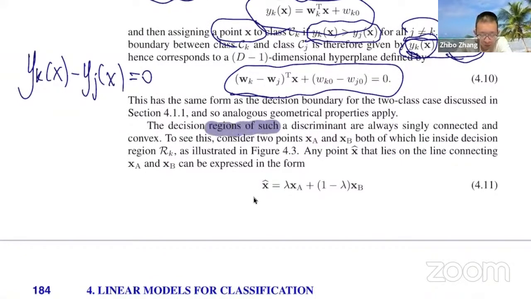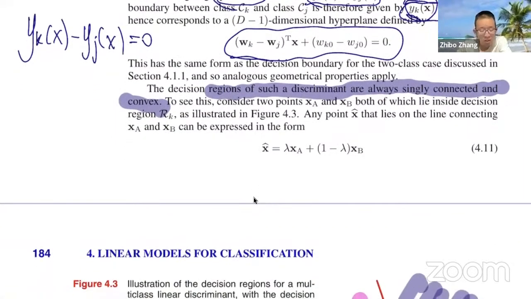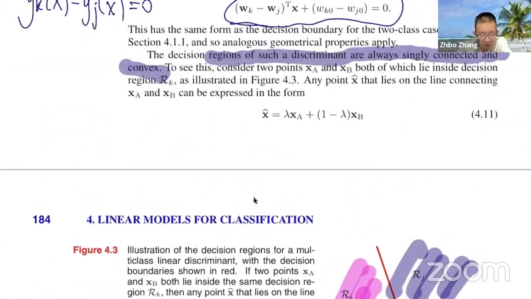The decision regions of such a discriminant are always singly connected and convex. To see this, consider two points xa and xb, both of which lie inside decision region Rk.